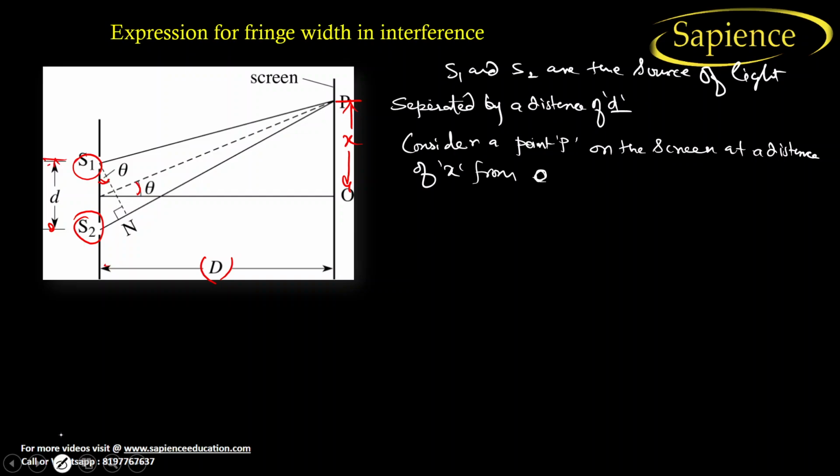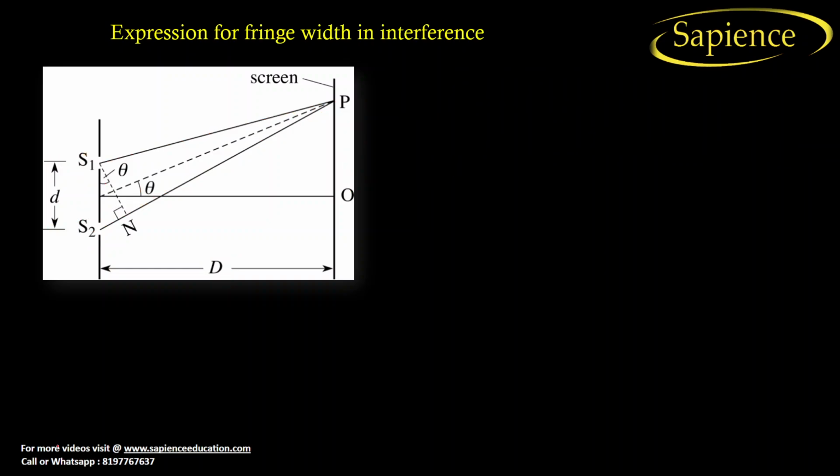So path difference basically means the distance traveled by this path compared to the distance traveled by this path. So the path difference is equal to S2P minus S1P, and this will be equal to S2N.